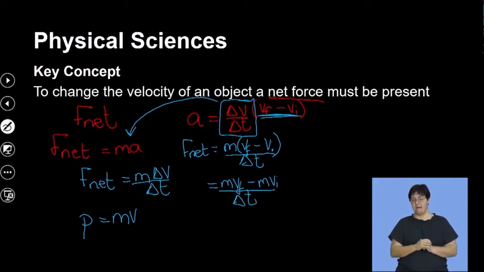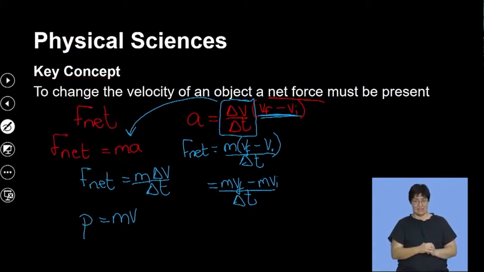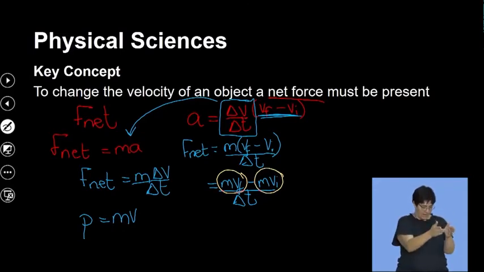Now I'm hoping some light bulbs are going off, because if we look at this, that's a momentum, and that's a momentum. But it's momentum at a specific point. That would be the final momentum, the momentum after the velocity's changed. And that would be an initial momentum.